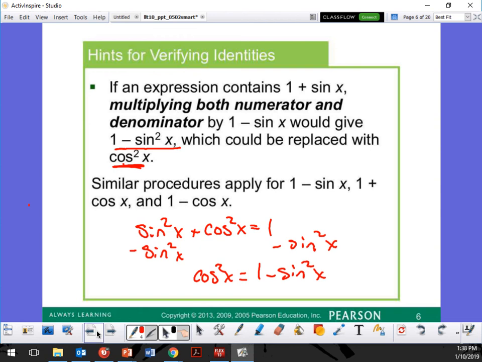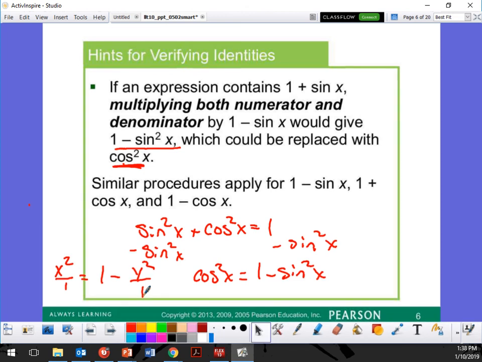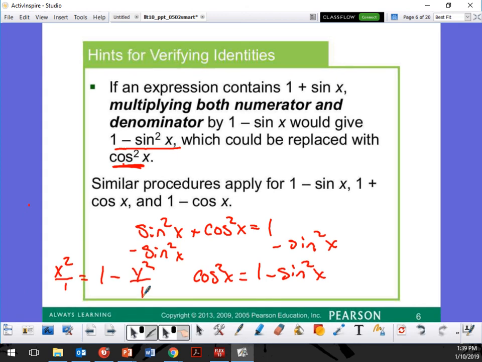What would this right here translate to in algebra? 1 minus cosine squared over r squared over 1 is equal to 1 minus sine squared over 1, right? So now they're just over 1, so it's actually saying that x squared is equal to 1 minus y squared, isn't it?